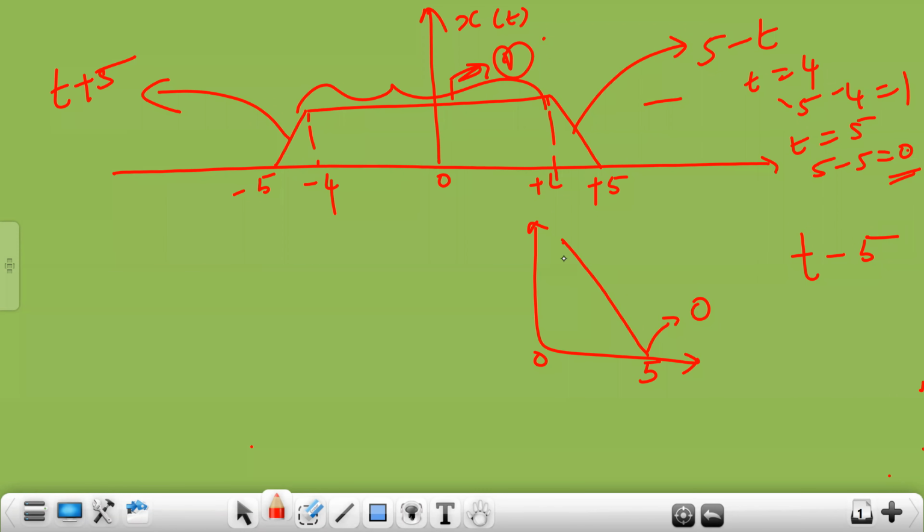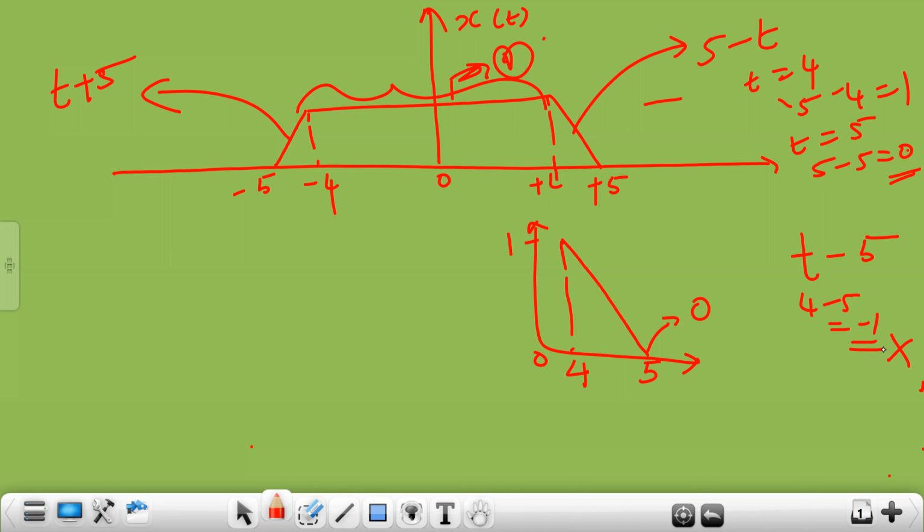But you are going to confirm this point also. That is, at 4, your value should be 1, as shown in the figure. But that will not come here, isn't it? 4 minus 5 is negative 1. So that is wrong. So what we have to do? You have to change the polarity. Minus 5 will become plus 5 and plus t will become minus t.